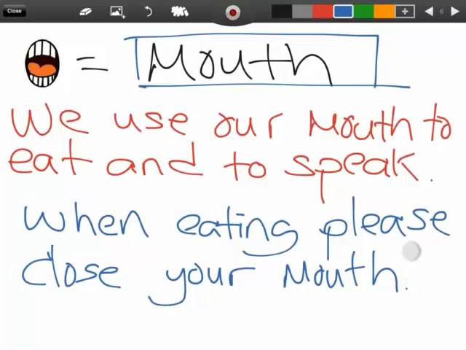I'm going to go ahead and read that for you. When eating, please close your mouth. This is actually important, you guys. So this is what a mouth is. We use our mouth to eat and to speak. And inside our mouth, there are teeth and we have a tongue.